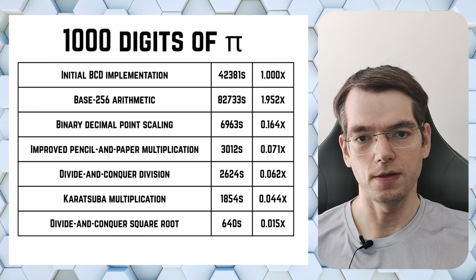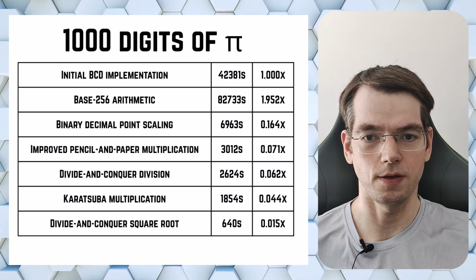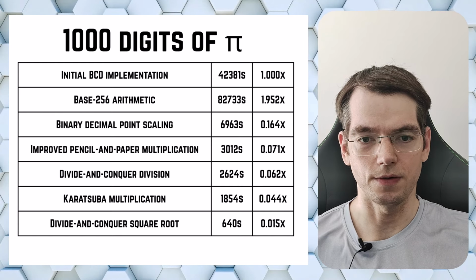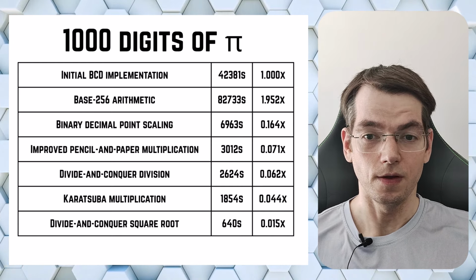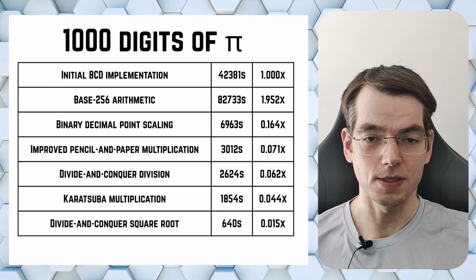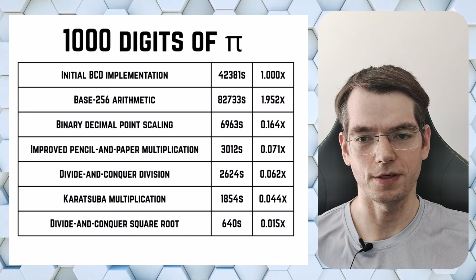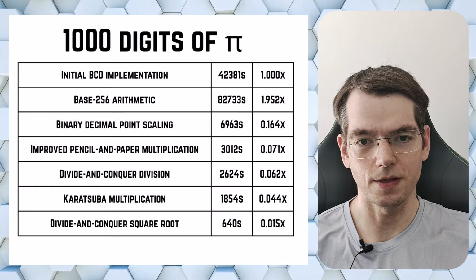Here you can see a table of the optimizations that I have performed and the time that I got after such optimizations. And the final number is 60 times less than the initial BCD implementation. So I am happy with that.